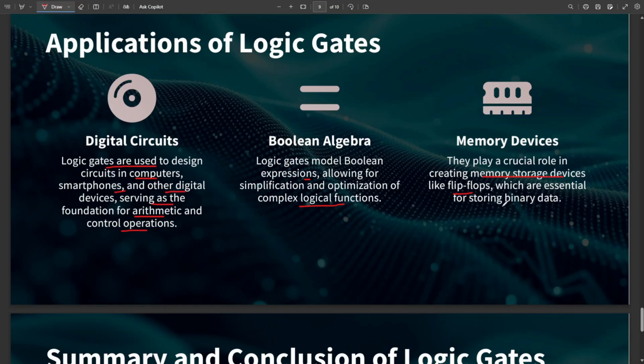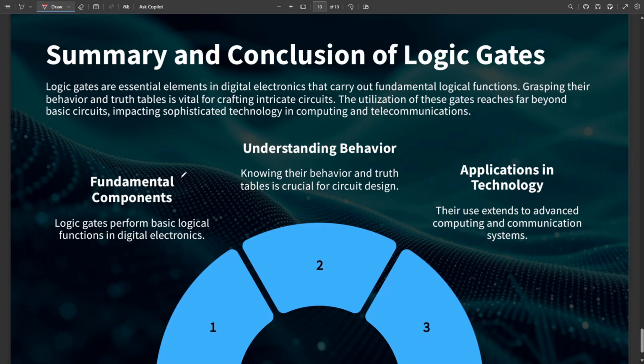So let's go to the summary and the conclusion of logic gates. To wrap it up, all the logic gates we just went over, AND, OR, NOT, NAND, NOR, XOR, XNOR, are the basics behind how digital systems make decisions.